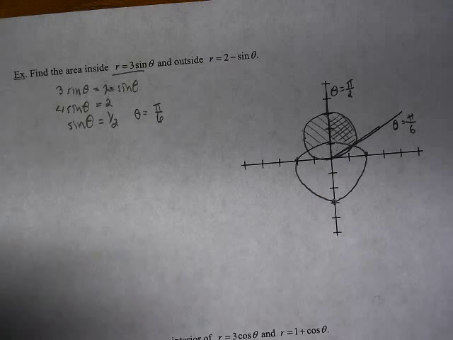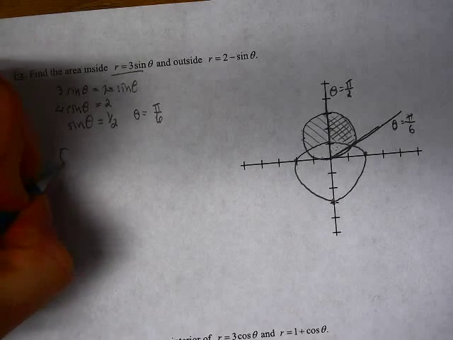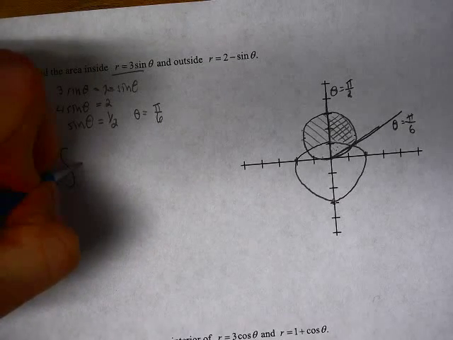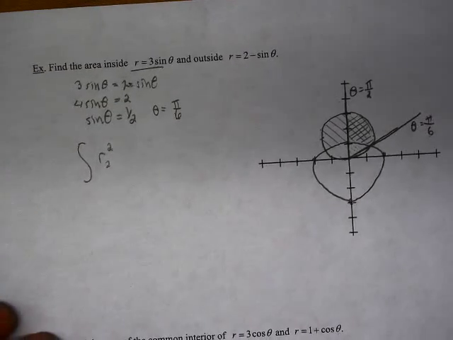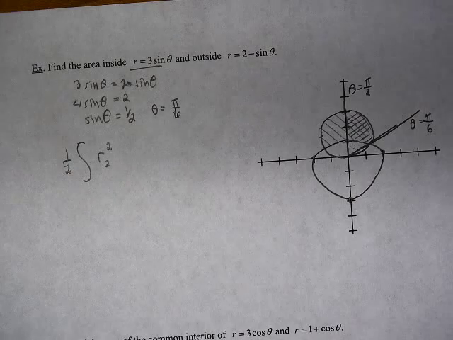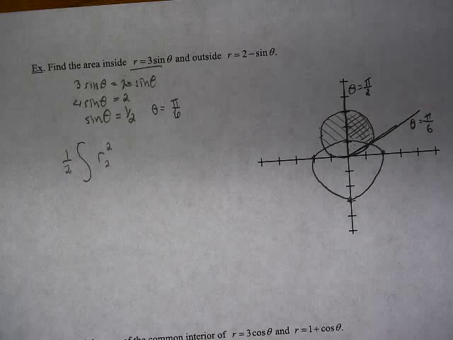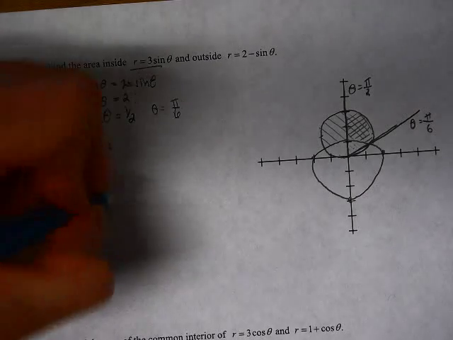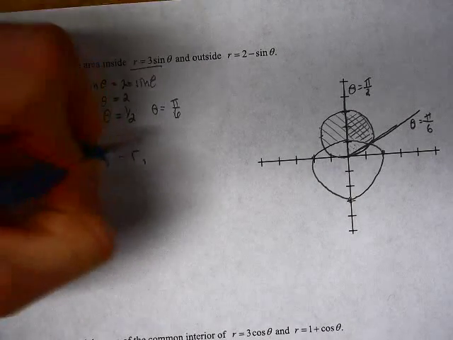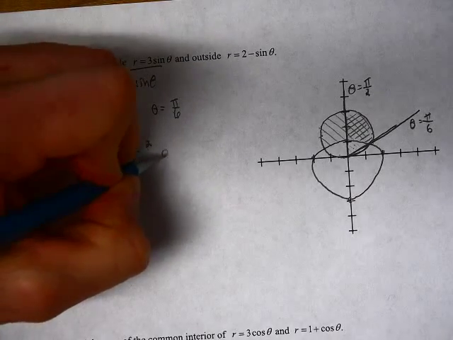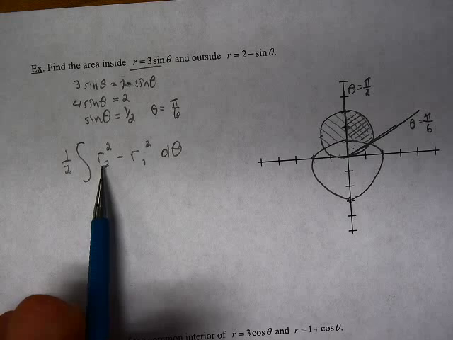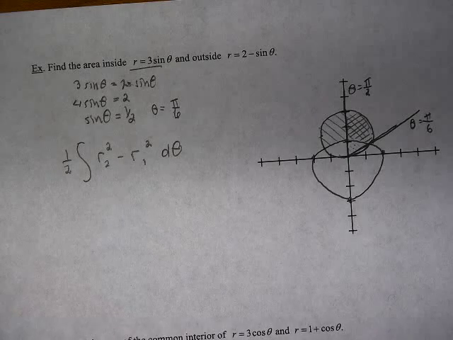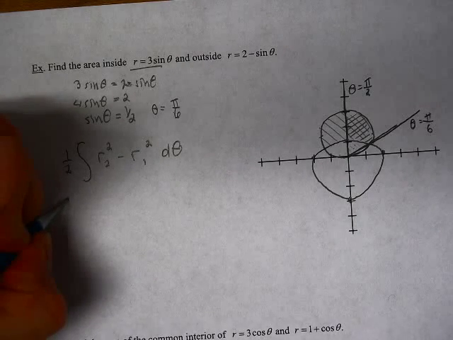I can do that in one step if I do an integration using the standard area, the outer radius squared minus the inner radius squared. In this case, the outer radius is, of course, the circle. The inner radius is the limacon. So I can fill in what I know there.